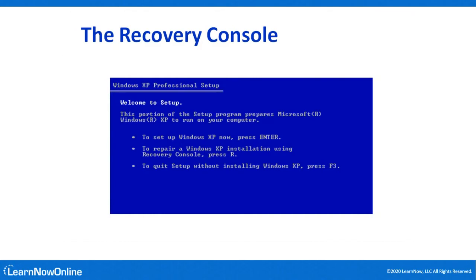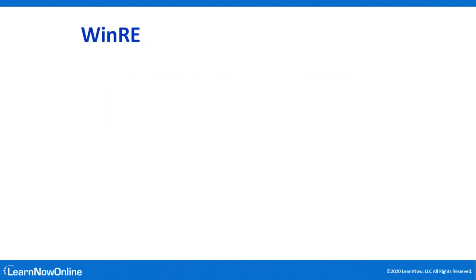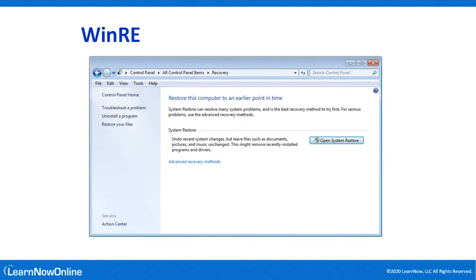The similar program or screen for Windows Vista and Windows 7 is something called WinRE, or Windows Recovery. The first thing you want to do is create a system restore point.